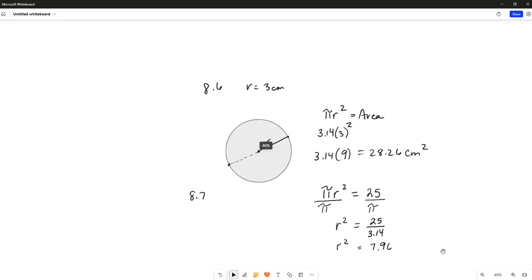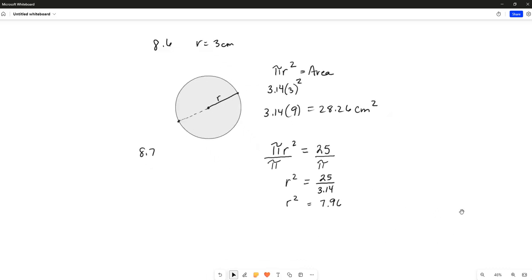And I need just the radius. So remember, if something's squared, in order to find what it is, so say 9, what times what equals 9? Well, 3 times 3 equals 9, right? So the square root of 9 is 3. That's what I'm doing here too. I'm going to take the square root of both sides of this equation.